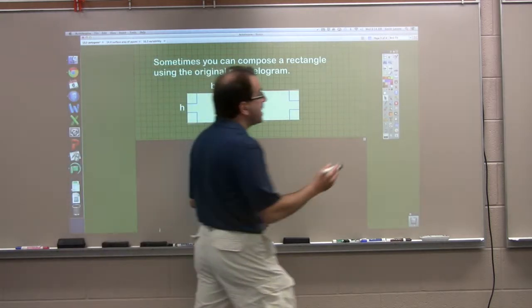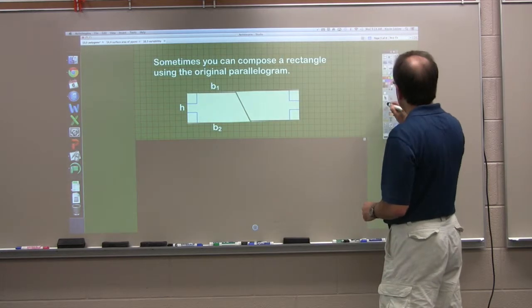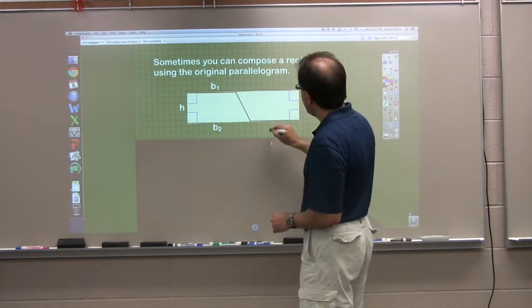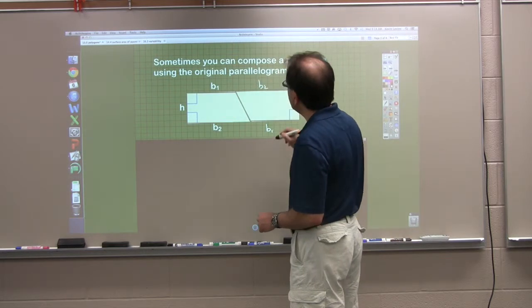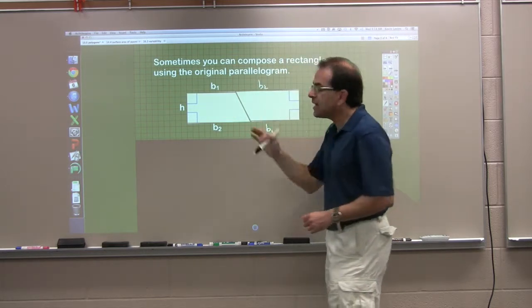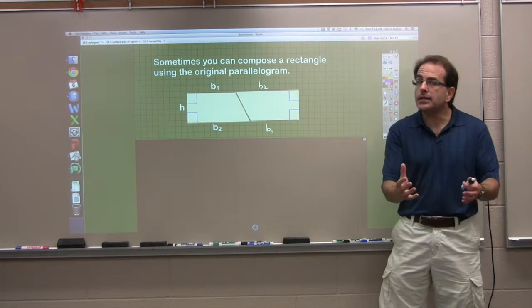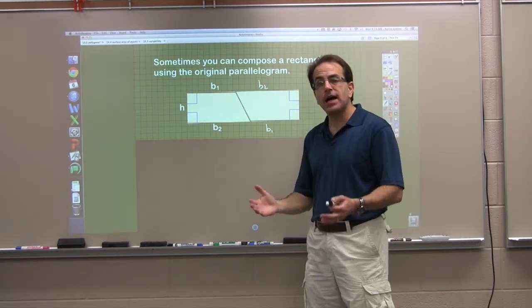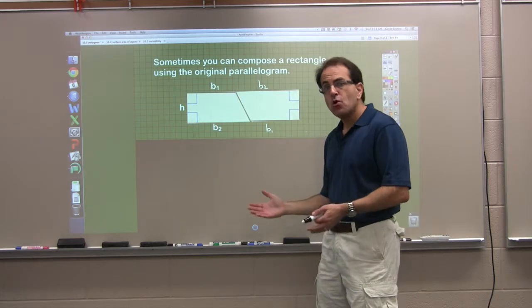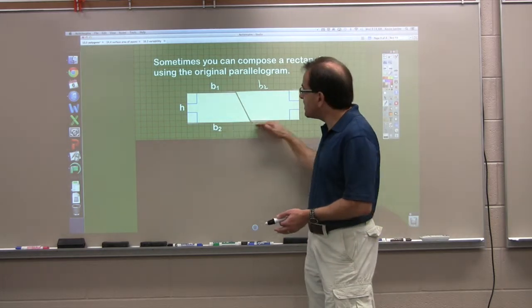If I label this, what do I have? Base 1 is down here, base 2 is here, and of course this is the height. And what do we know about the area of a rectangle? The area of a rectangle is base times height. In this case, what is the base?